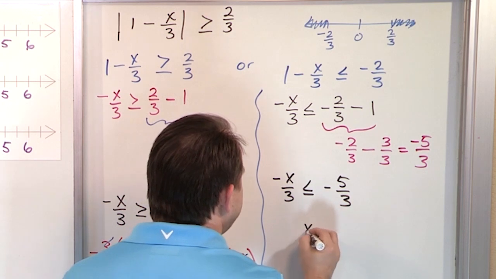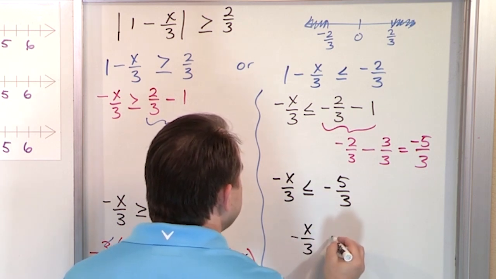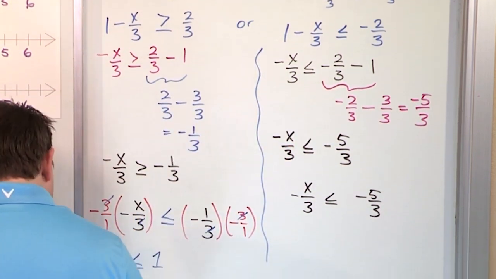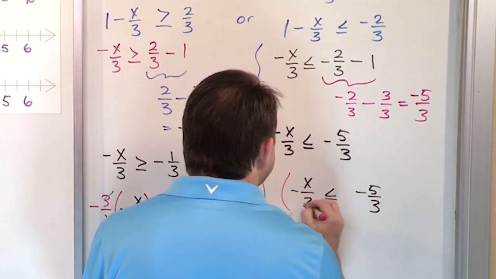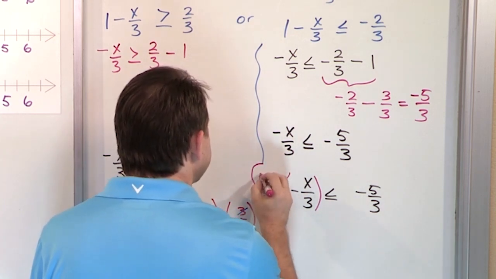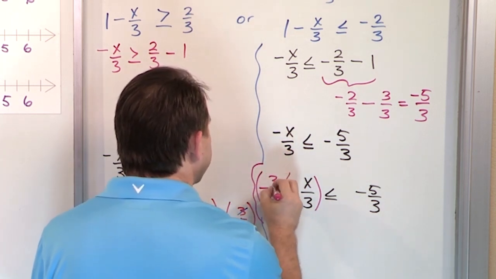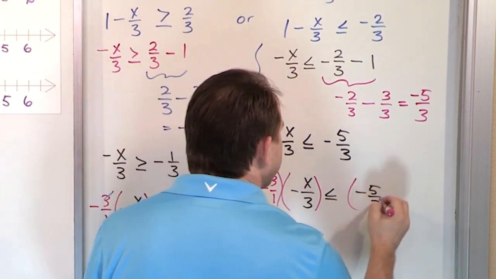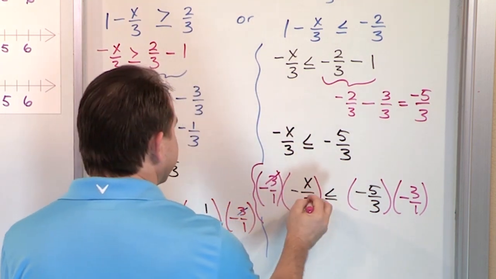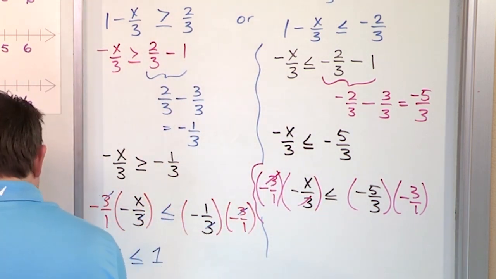What are we going to multiply by? Negative x over 3 is less than or equal to negative 5/3. So what we need to multiply by here is negative 3 over 1. And that kills the 3 with the 3, and the negatives multiply away to give me a positive.